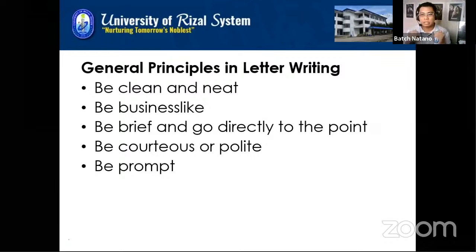Do not take so long. Okay? So you receive it today, then you respond the next week. That shouldn't be the practice. The moment that you receive it today, you have to give a response to it as soon as possible. Okay, because that's one way of treating your customer fairly, if you are responding promptly to them.